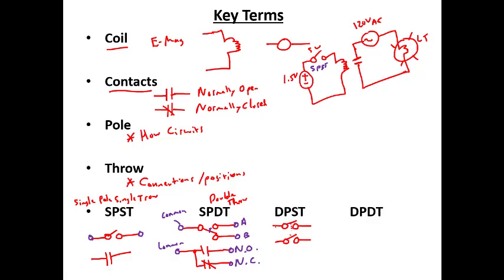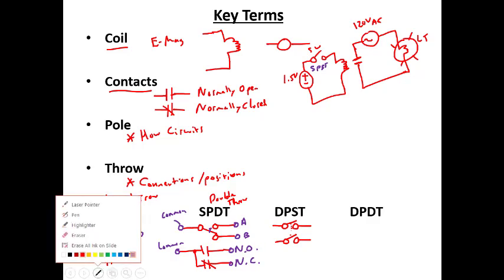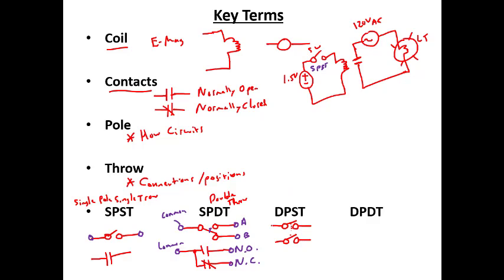And so there's 2 poles. So we have this circuit, let's call this circuit 1 and circuit 2, that'll both be connected. And then a lot of times we'll show this with a dotted line here between the 2 contacts, which means the contacts here move together.